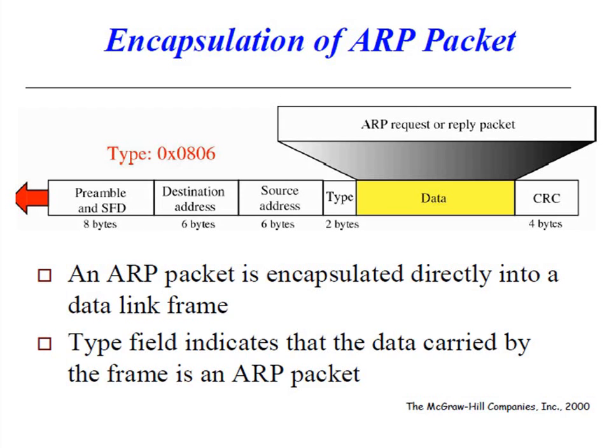Now how is this ARP packet sent? It is put into a frame. We know that this is a frame: preamble, SFD, destination address, source address, and the type you will be putting here. Then this ARP request or reply packet is put into the data field. Since you are requesting, you first put this ARP request as data, and after that the CRC.